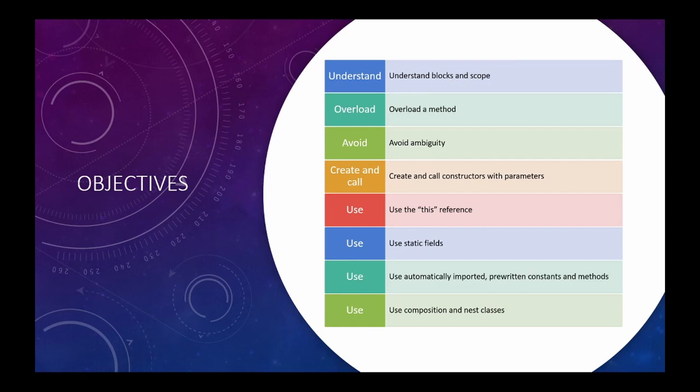Then we're going to go more into static fields. We're going to talk about automatically imported and pre-written constants and methods that we can use in our programming going forward. Then finally, we're going to look at using composition and nesting classes. So let's get started.